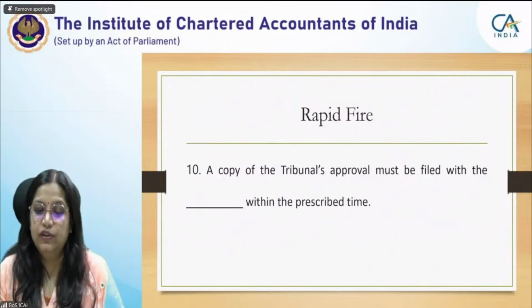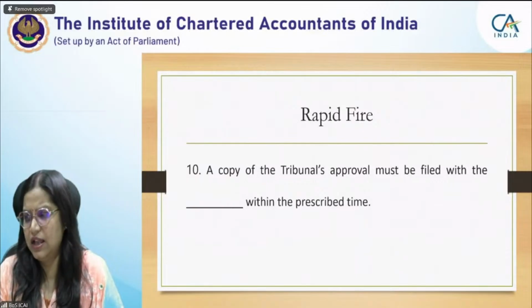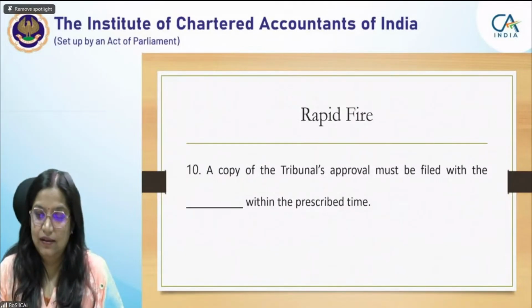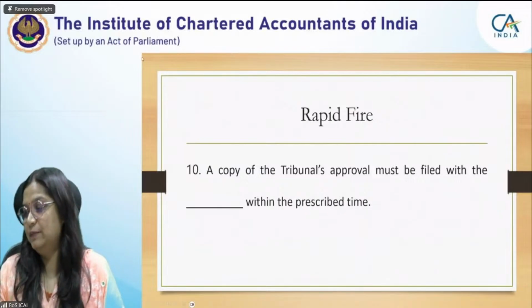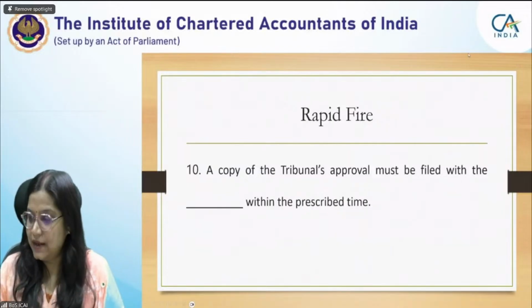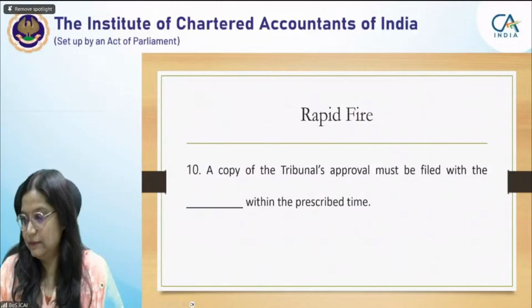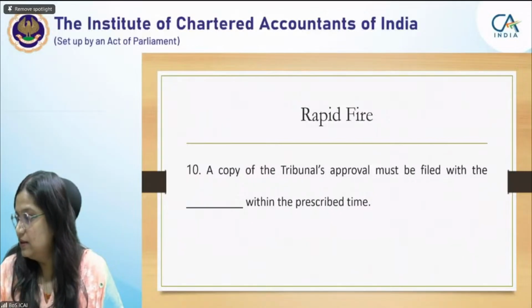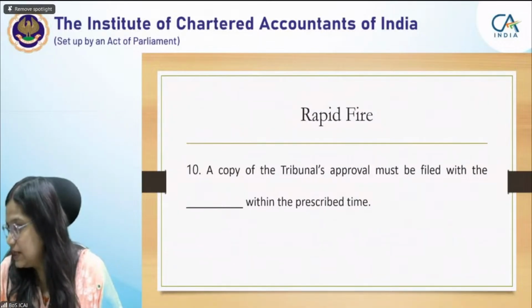A copy of the tribunal's approval must be filed with the registrar within the prescribed time. The prescribed time is, Farhan, correct, 30 days. There is no word as NGO. It's okay. Can I get a score from you guys, out of 10, how many are correct?